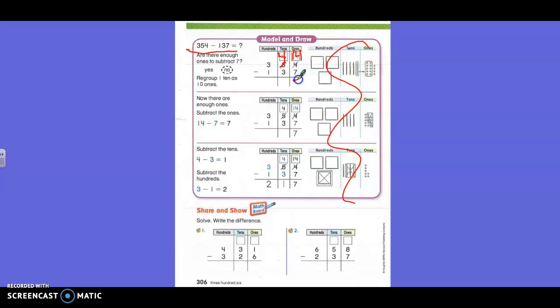Now, if we did that, can we do 4 minus 3? What is 4 minus 3, Grayson? 1. And then we do our hundreds. 3 minus 1. Ivan? 2. So our number is 217.